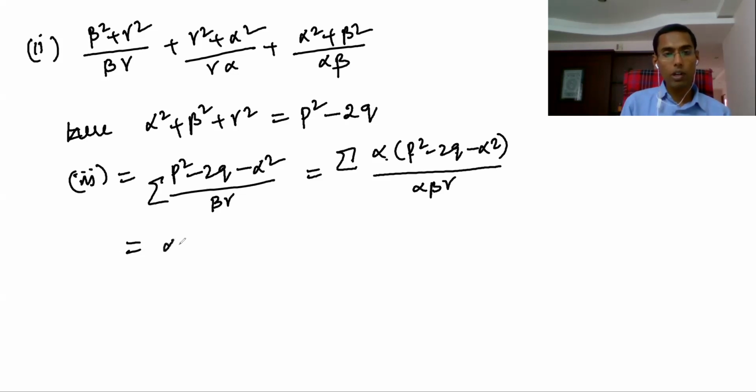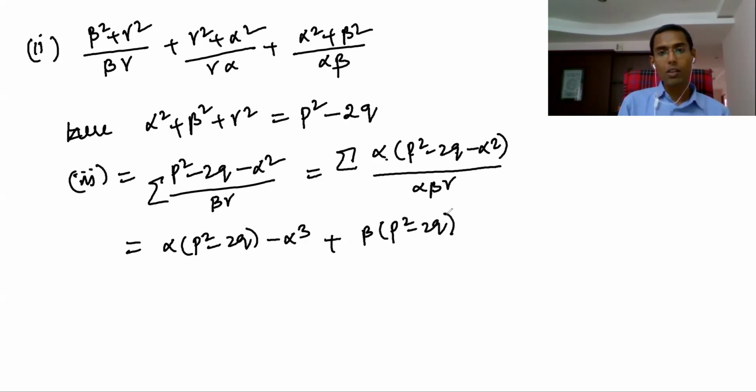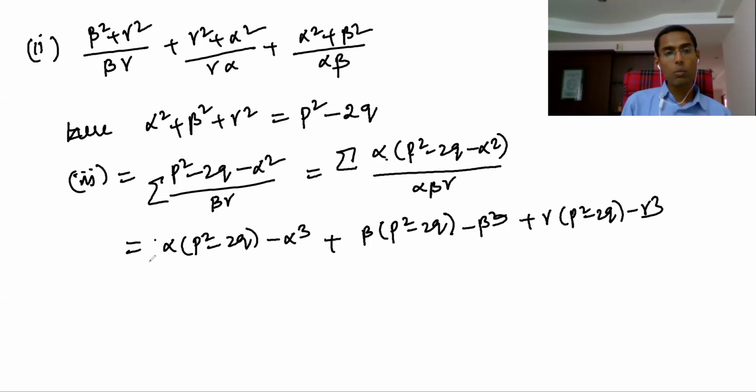That means alpha times p square minus 2q minus alpha cube is one term, then beta times p square minus 2q minus beta cube, plus gamma times p square minus 2q minus gamma cube, all by alpha beta gamma, because it is a summation and 1 by alpha beta gamma is there for everything.